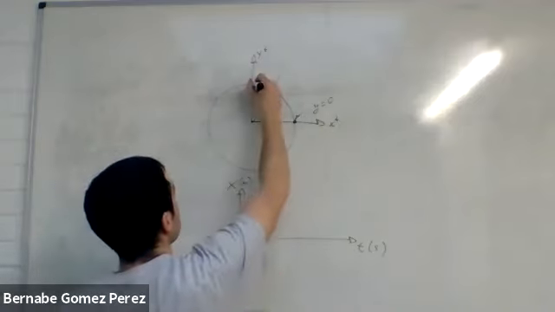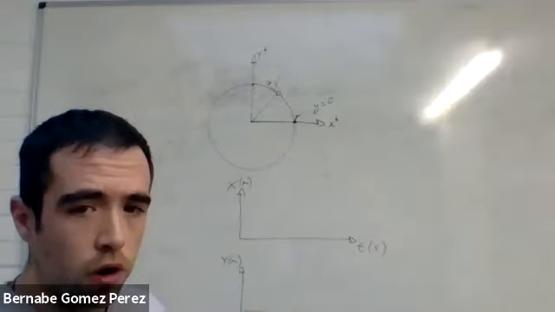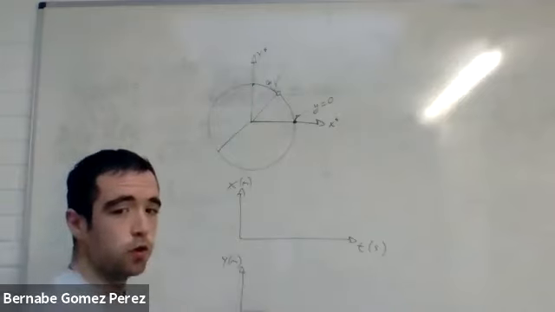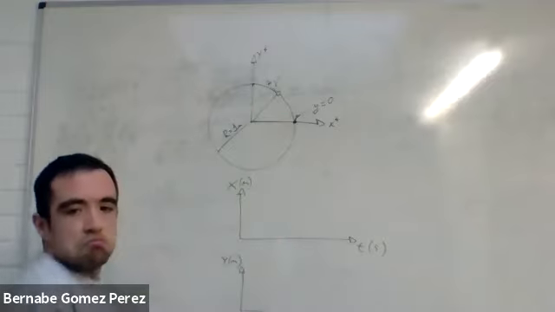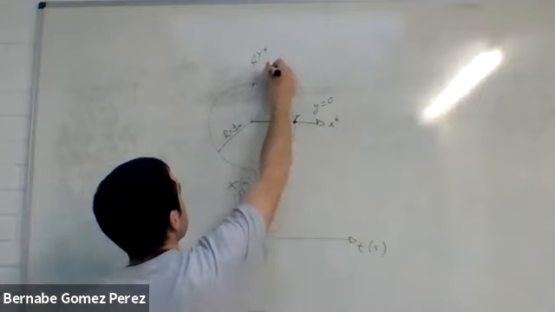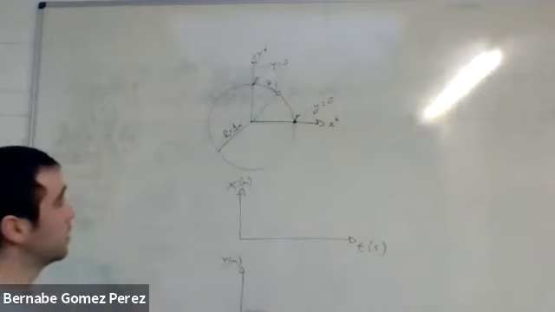And here, we're going to consider this as the unit ball, okay? The unit ball means that the radius of this circle is equal to 1, 1 meter, yeah? So here, y is equal to 0. Here, y is equal to 1, okay?